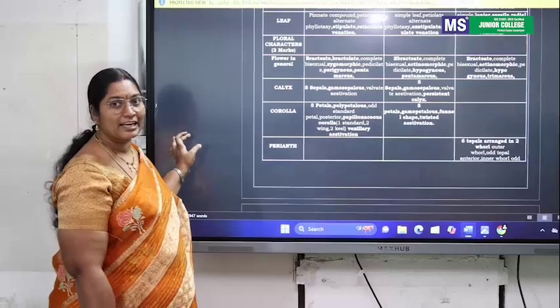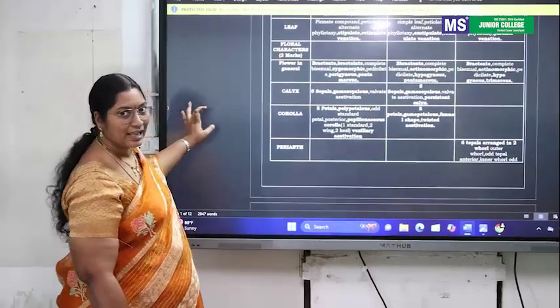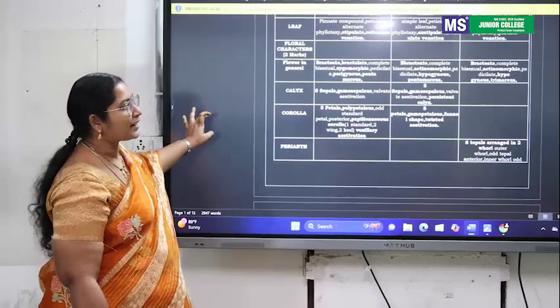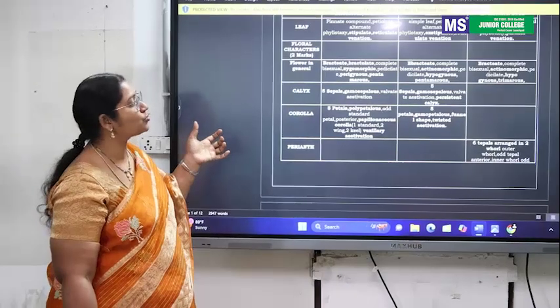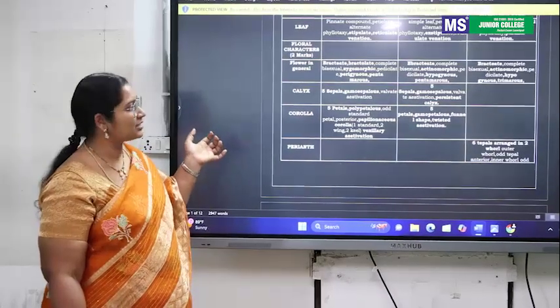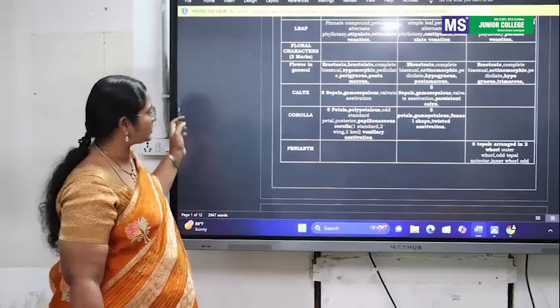If it is a Liliaceae member, bracteate, complete, bisexual, actinomorphic, pedicellate, hypogynous, but this is a trimerous flower. The first 2 families are pentamerous, but the Liliaceae member, Allium cepa, is trimerous.